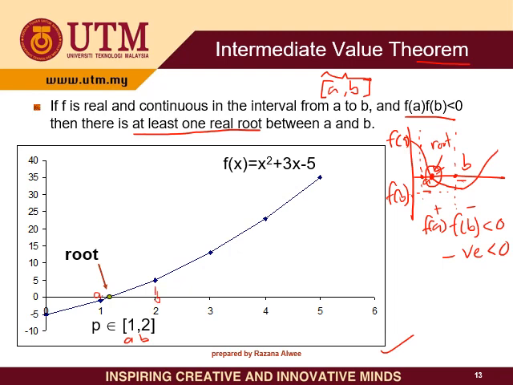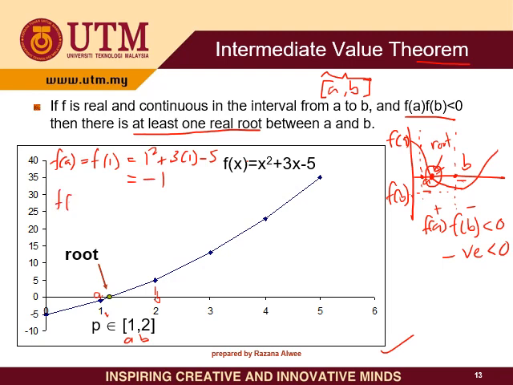Alright, so we can prove it by, let's say, F(A) is equal to F(1), right, because we have 1 here. This is our A, equals to, then this equation, 1 squared plus 3(1) minus 5. Then you will have -1.